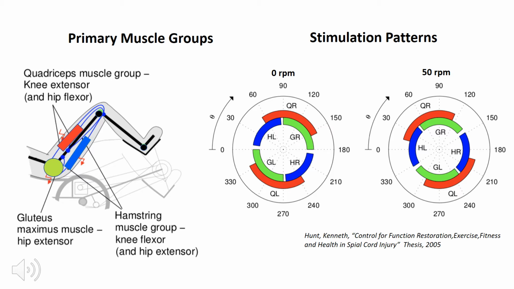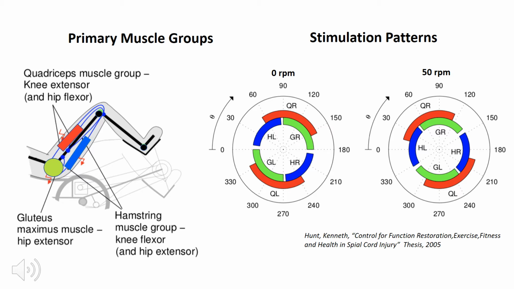Colored in red, blue, and green are the different muscles corresponding to the QR, which is the quadriceps, H, which is the hamstrings, and G, which is the glutes, the buttocks. You're looking at a circle corresponding to the pedal angle in a cycling exercise. And you see that the shaded regions correspond to when you would stimulate the different muscles, and then when you would stop stimulating the different muscles.